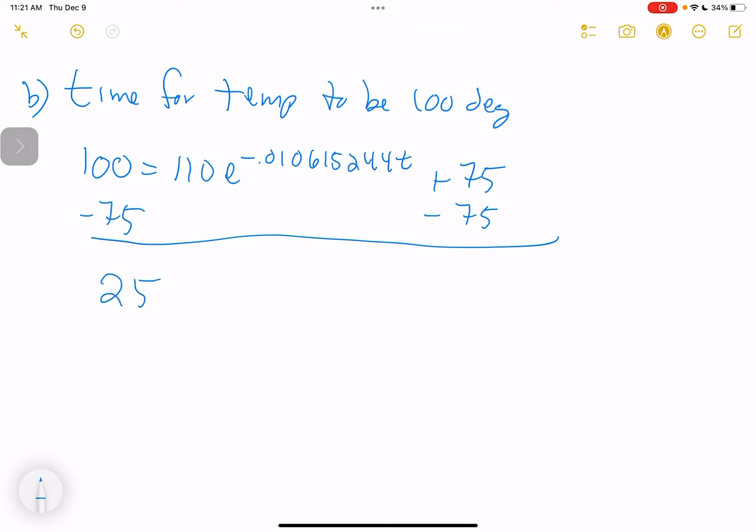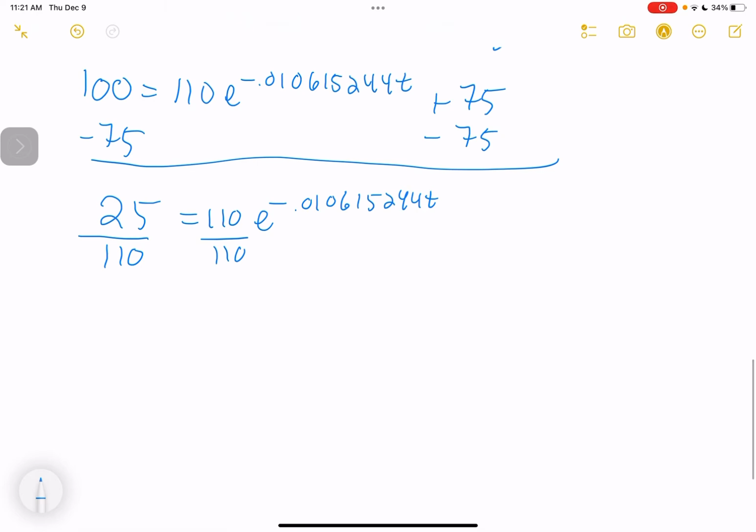So 25 equals 110 e to the negative 0.010615244 t. And we can divide both sides by 110. Kind of the same process we did before. So we end up with 25 over 110 is equal to e to the negative 0.010615244 t.